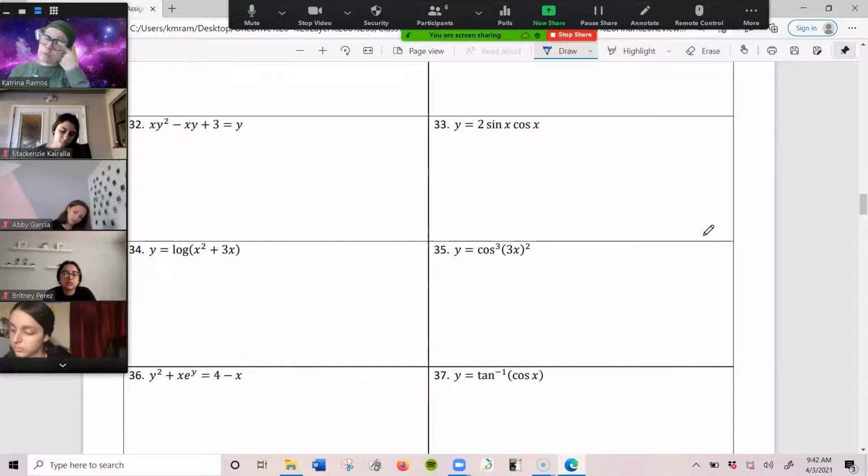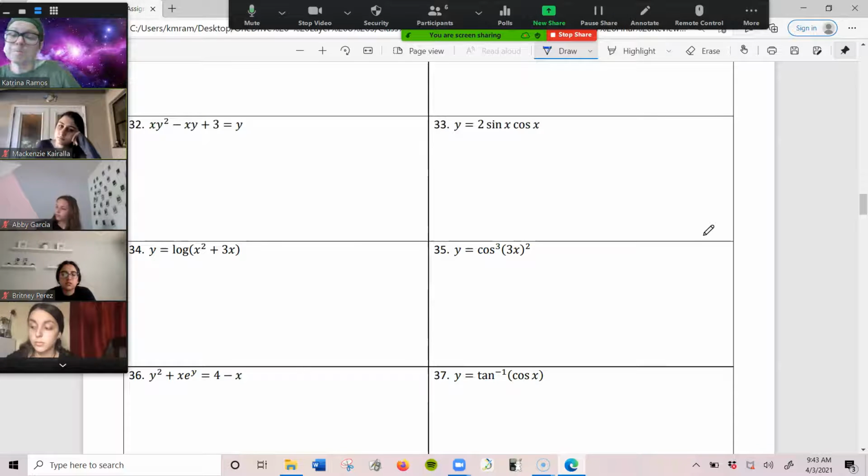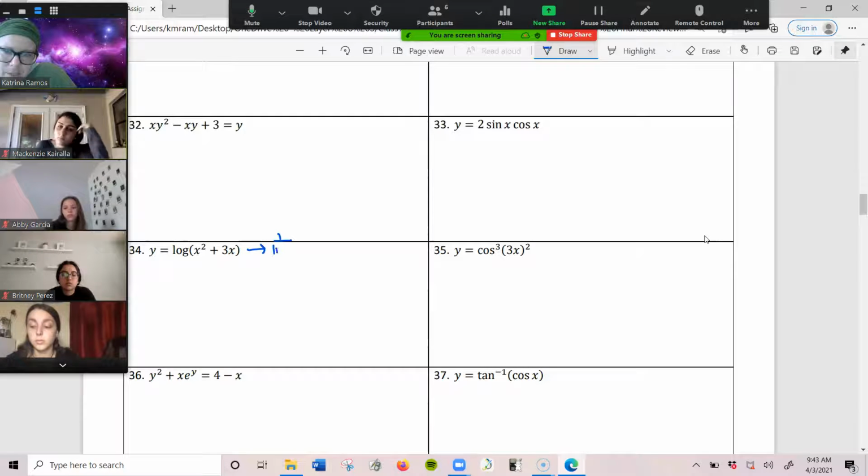The rules for finding derivatives of log. Okay, that's what we would need to know. The rule for finding the derivative of log is going to be 1 over the ln of a times u, and then times du/dx.